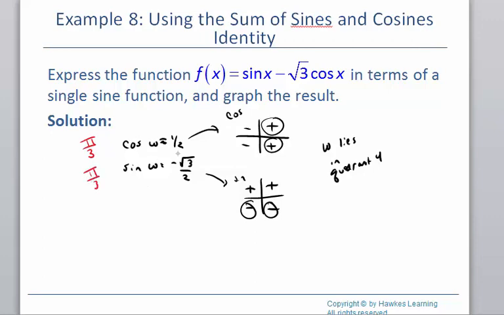So we know that both of these have to do with a pi over 3 type angle. Now we do need that to go to the fourth quadrant. So let's go ahead and think about what that angle is going to look like if we rotate down into the fourth quadrant. So we're going to rotate down pi over 3. And so that angle will be negative pi over 3. You could also say the angle was 5 pi over 3 if you're moving in a positive direction.